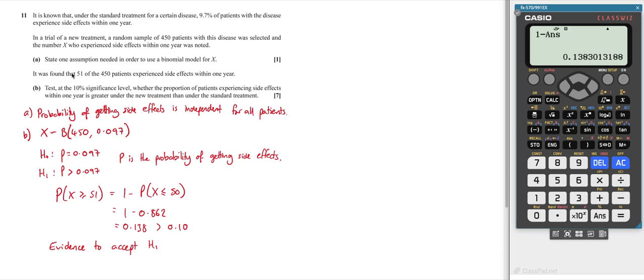Wait, no, that's not true. The probability of happening is fairly common, so there is evidence to accept H0. It's common enough. Let's get it right around. 13-14% is more common than our 10% significance level, so it's not weird. So there is evidence to accept H0. Then in context, there is no evidence to suggest that the probability of getting side effects is increasing.